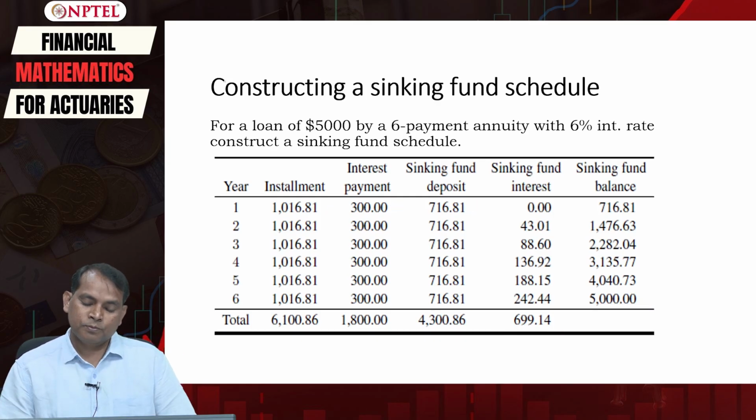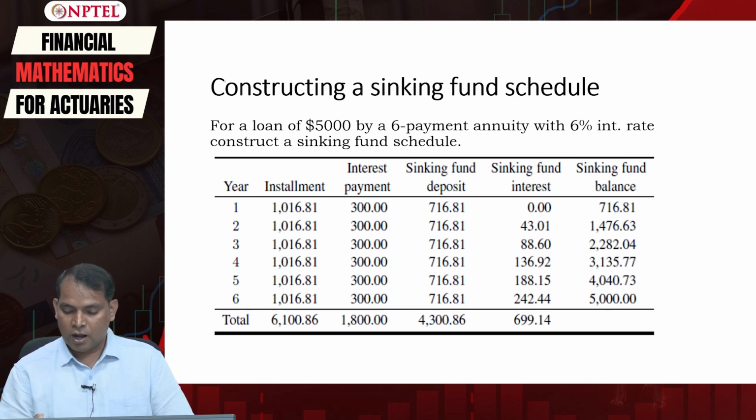Now, one important thing you have to notice here is that the interest rate you earned from the sinking fund, that is 6% here, is the same as the interest rate for your loan amount. But sometimes these two rates are not exactly the same.